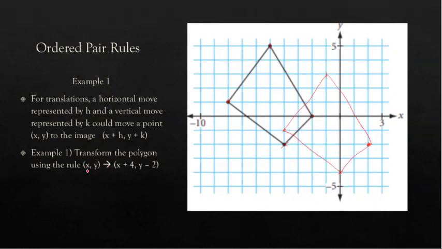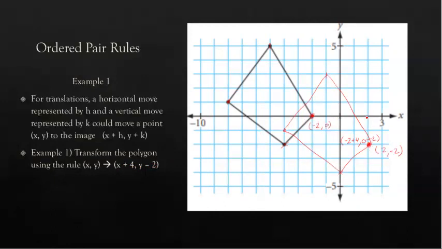So for every point (x, y), we are going to move it to x plus 4 and y minus 2. In other words, when we started with this one, it was at the location of (-2, 0). If I take negative 2 and I add 4 to it, so negative 2 plus 4 and 0 minus 2, my result would be a positive 2 and a negative 2. And that's exactly where this point ended up.